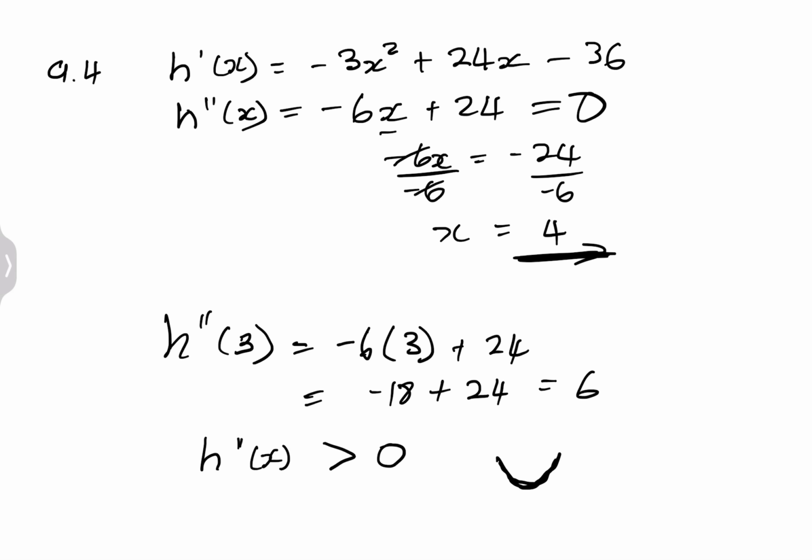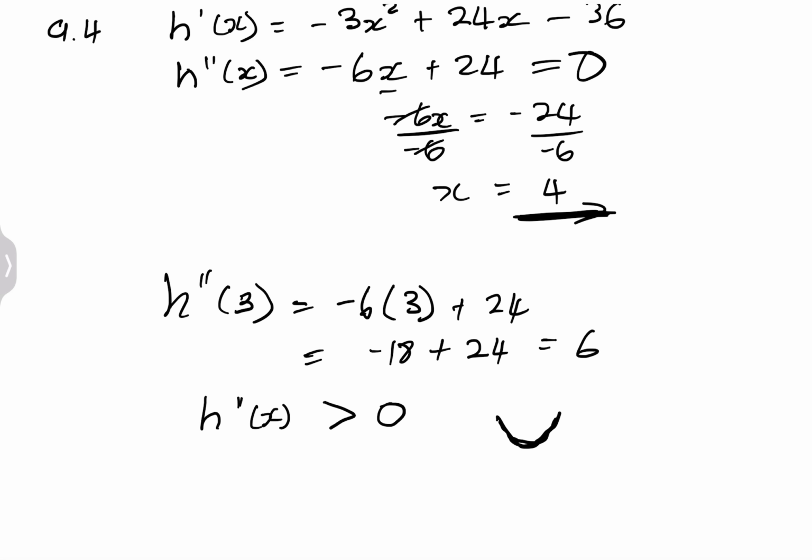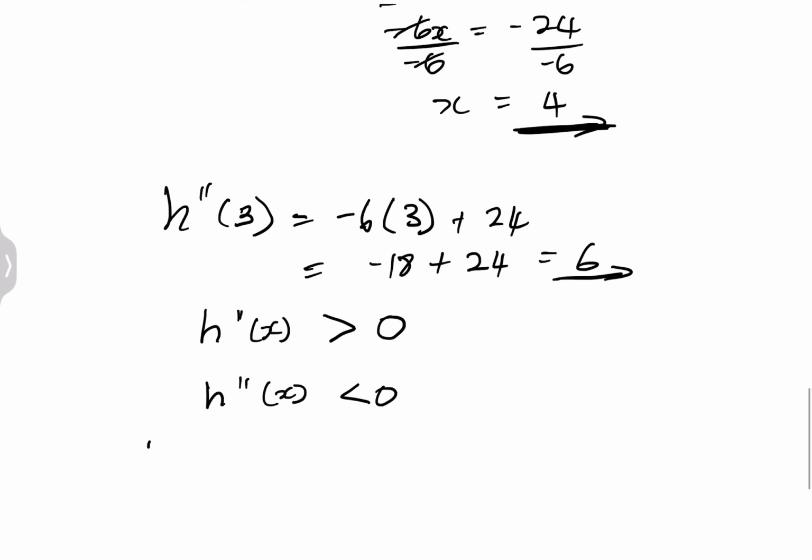But if we found that the double derivative is less than 0, then at that point it is concave down. In this case we found it to be greater than 0, so the graph is concave up at x is equal to 3. I hope that made sense.